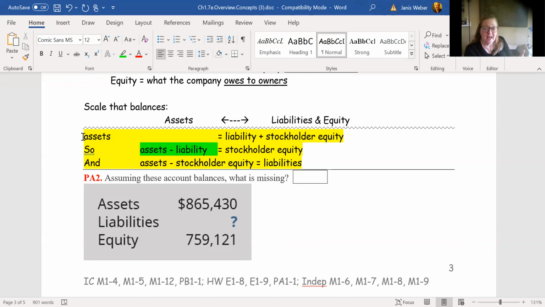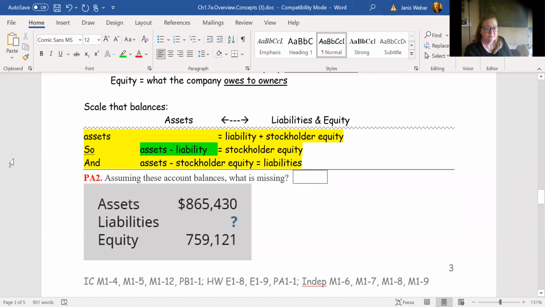By the same token, assets minus liabilities equals stockholders' equity, because when you subtract liabilities from both sides, you wind up with only stockholders' equity on one side and assets minus liabilities on the other.